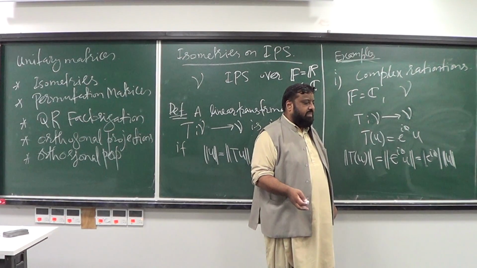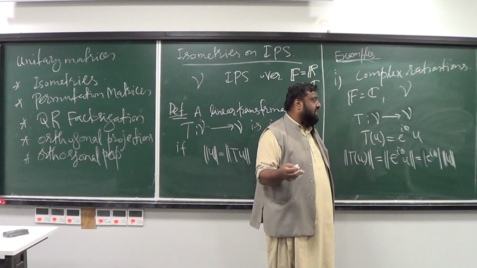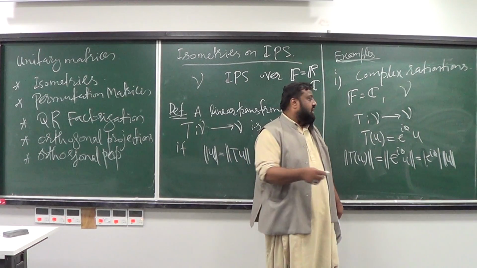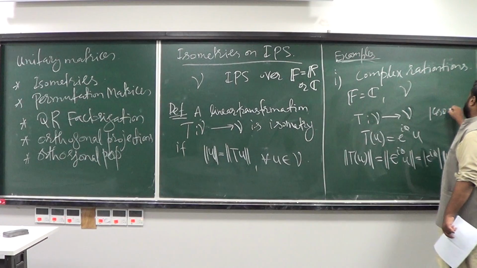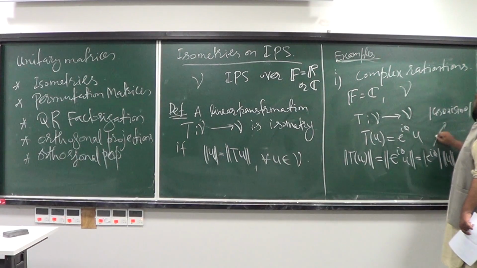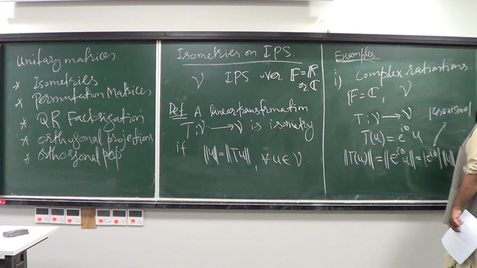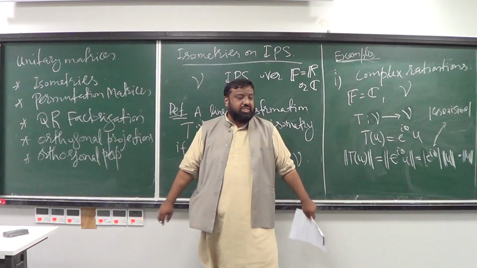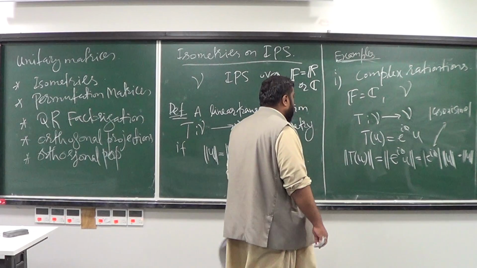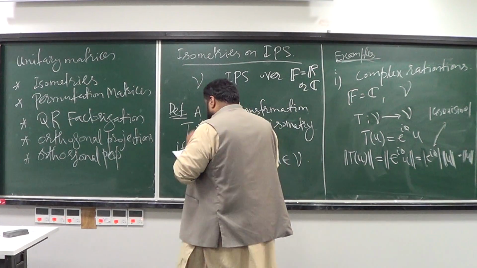If you remember, e to the iota theta is cos theta plus iota sine theta, and if you compute the magnitude of cos theta plus iota sine theta, this would be equal to 1 actually. So what does this show? That the norm of the transformed u is equal to the norm of u. So the complex rotations are an example of what we call an isometry.